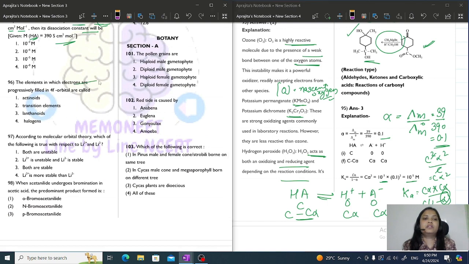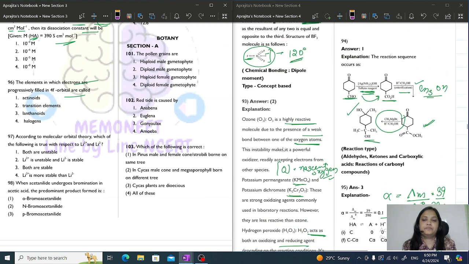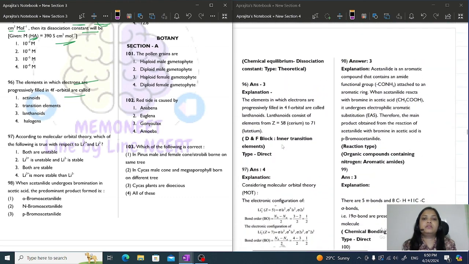Now, the elements in which electrons are progressively filled in the 4f orbital are. So, yes students, we all know that the 4f orbital is filled in the case of lanthanides. Lanthanum is Xe 5d1 6s2.